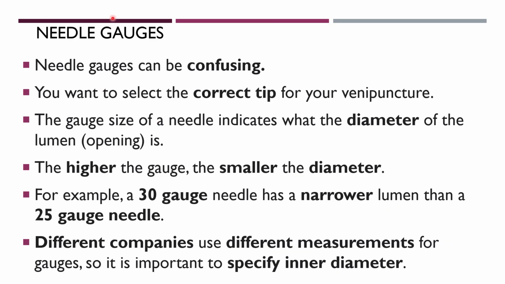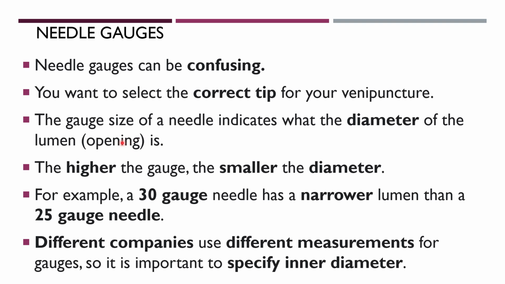So there is this concept of needle gauge. It is a little bit confusing, but if you want to find out which tip you want to use, you should know this concept. First, the gauge size of a needle indicates the diameter of the lumen. Lumen means the opening of the needle. The opening of the needle may be very wide or very narrow.